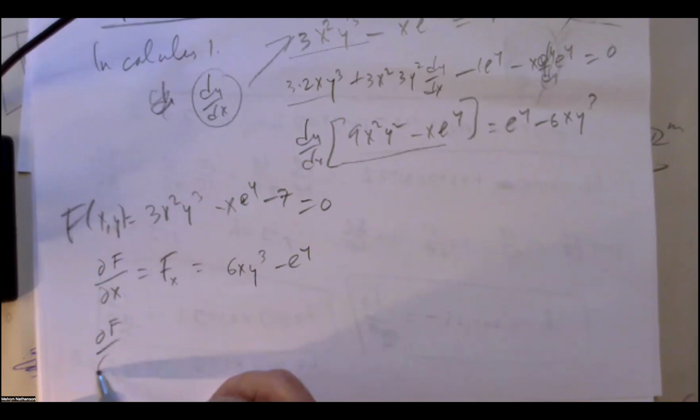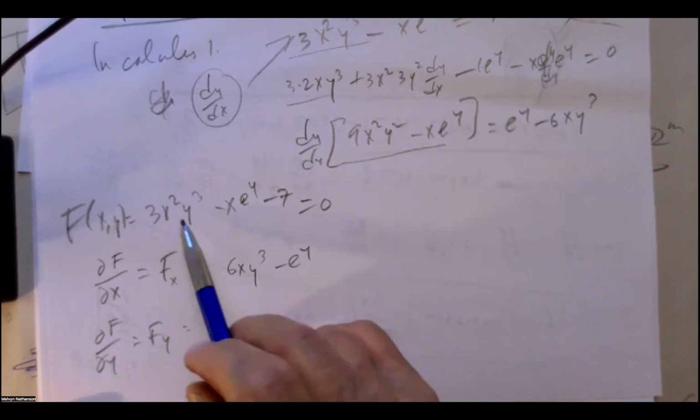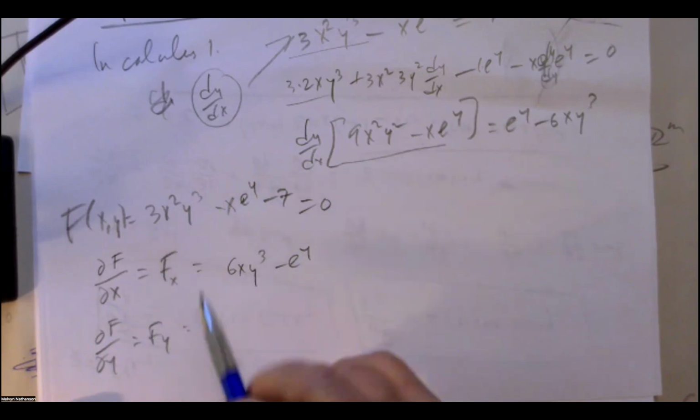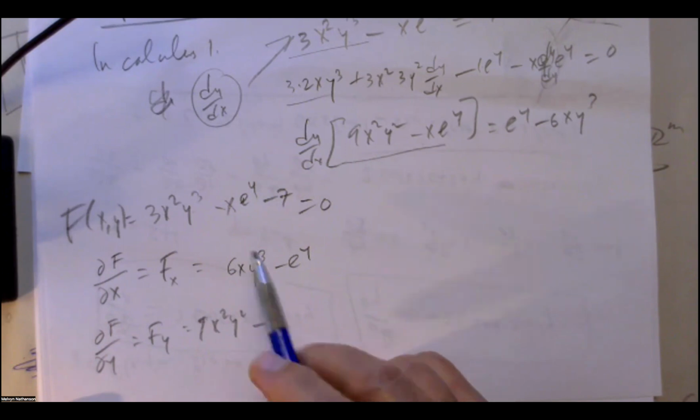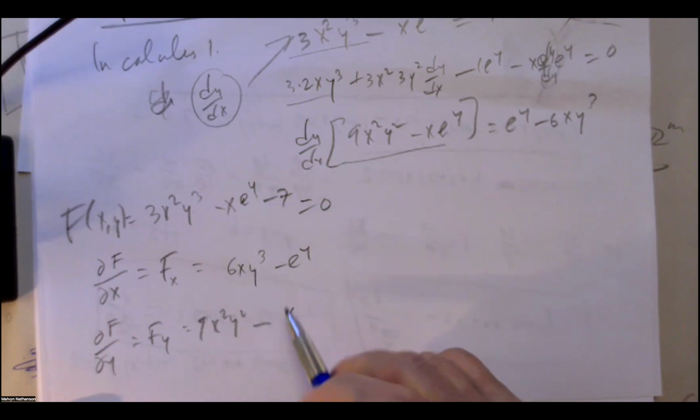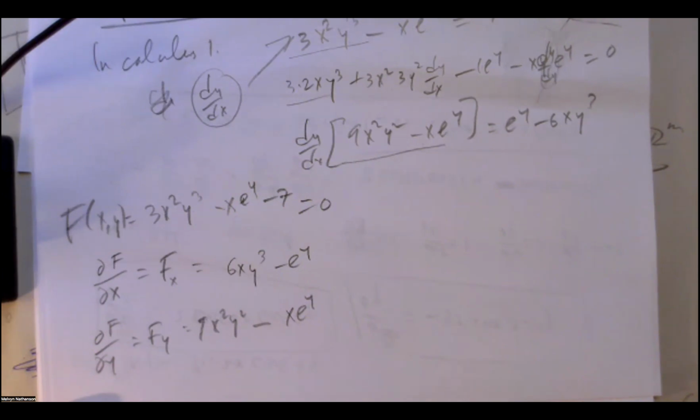And the partial of f with respect to y, or f sub y, is 3x squared times 3y squared, 9x squared y squared, minus x times the derivative of e to the y, which is e to the y.